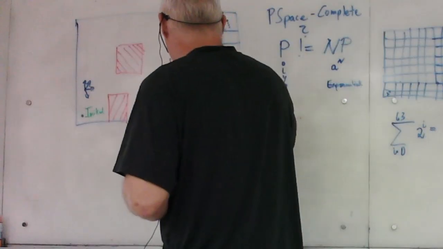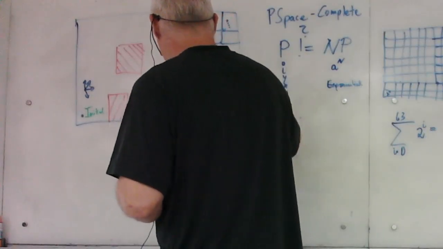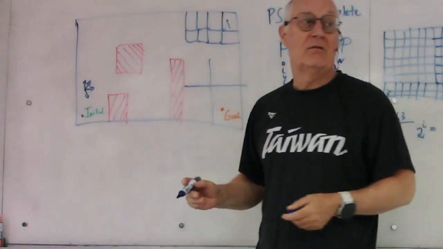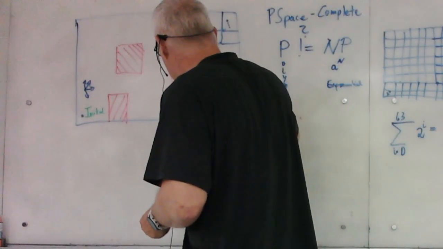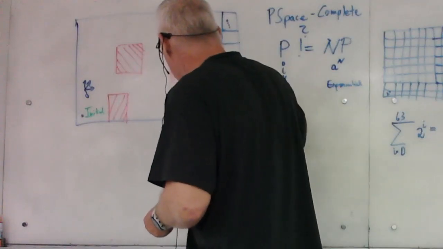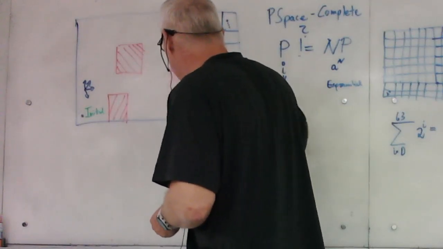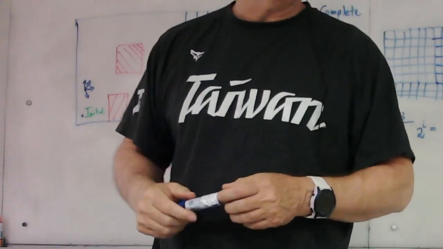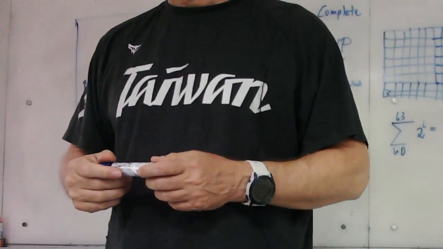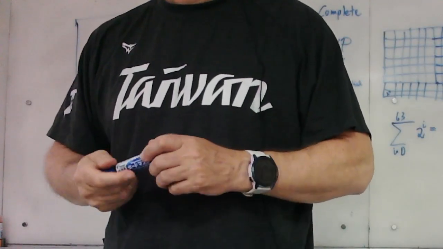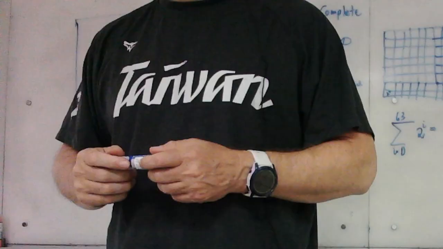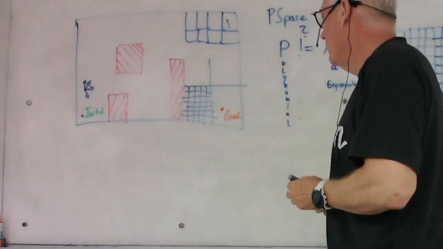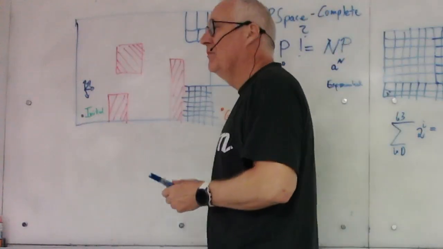So if I only have 1, 2, 3, 4 tiles, that's great, right? If I split it up into many, many more tiles, then the runtime is going to go up potentially. More than likely your algorithm is going to be a lot slower. So the bigger the tile, the better.